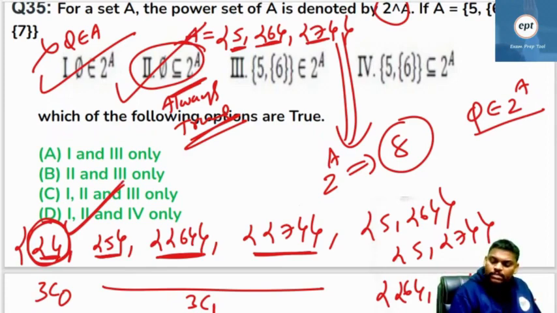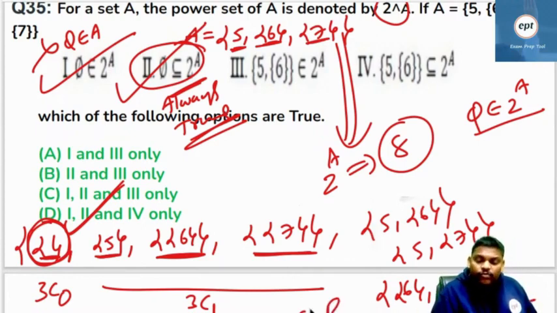Pi is a subset of A also, of 2 power A also, of B also. So 1 true, 2 also true. 1 is sometimes true, so in our problem 1 is true. 1 may not be true in other cases, but 1 is true here. But 2 is always true. Go to 3. 3, I think some small trick there.